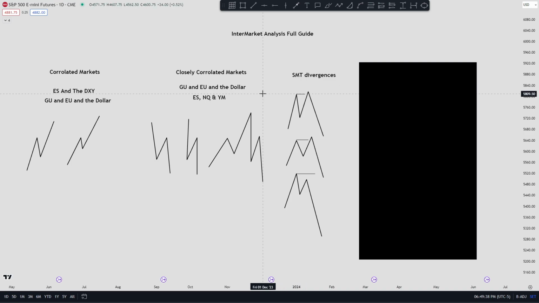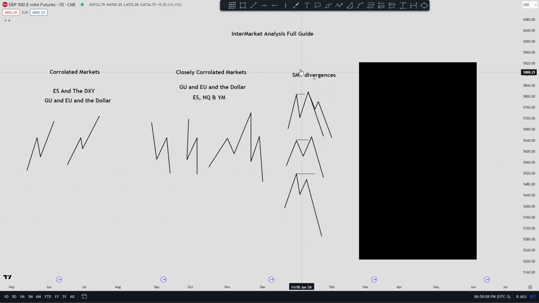Meaning if my bias was already bearish on the day, ES takes out this high, Nasdaq takes out this high, but the Dow Jones doesn't, this gives me so much confidence to be looking for shorts. Most likely in this scenario on the ES, I'd be looking for some type of pullback to then go short, with the ES, the Nasdaq and the Dow Jones going lower.